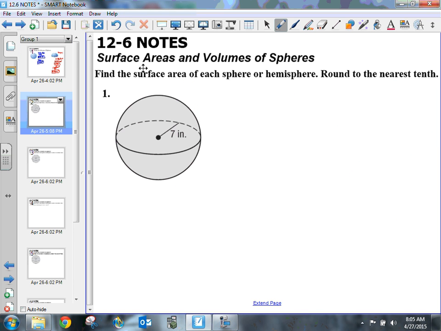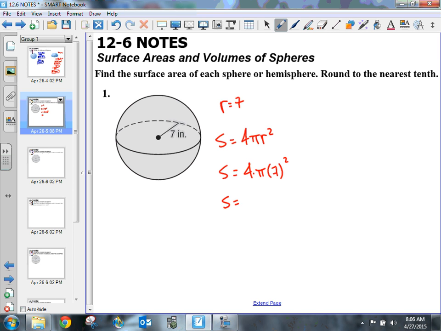It's asking us to find the surface area of the sphere or hemisphere, round to the nearest tenth. They give us this sphere, and the radius is equal to 7. So for my surface area, I'm going to use the formula 4 pi times radius squared. I'm going to plug in 7 for r, and I get 4 times pi times 7 squared.